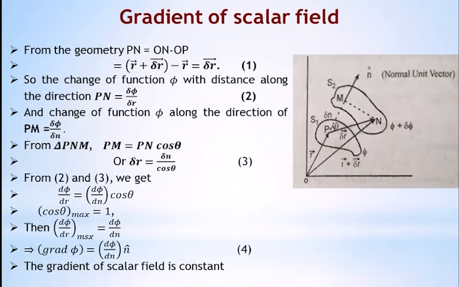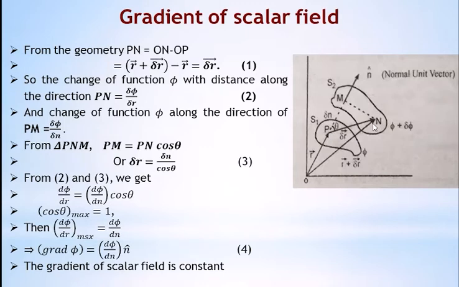And if we think about the perpendicular distance from point P to surface S2, then we take the distance as delta n. From the geometry we can understand this. PN is equal to ON minus OP, so here we can understand PN, P to N. How do we evaluate P to N?